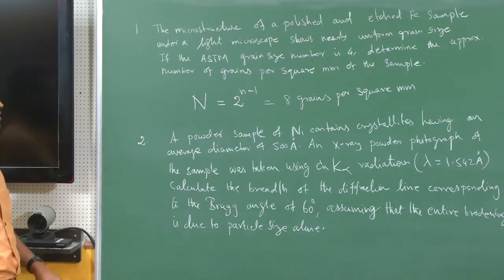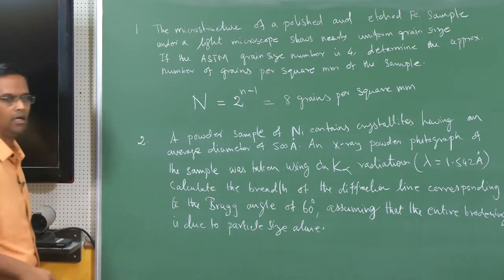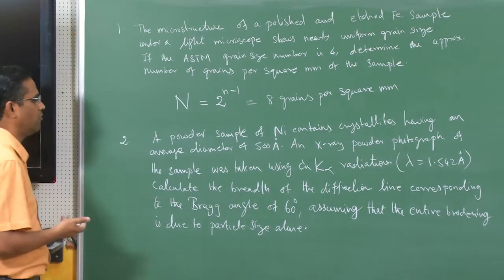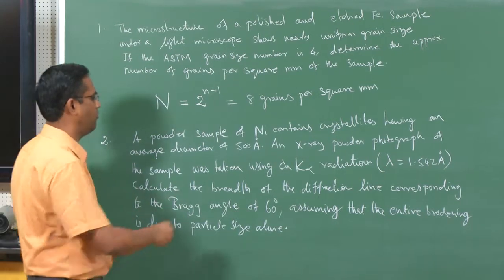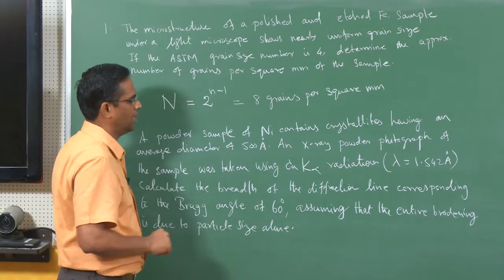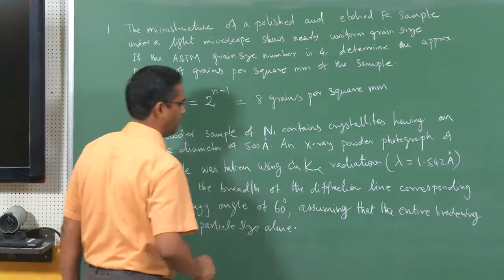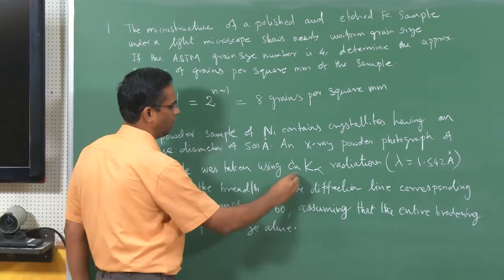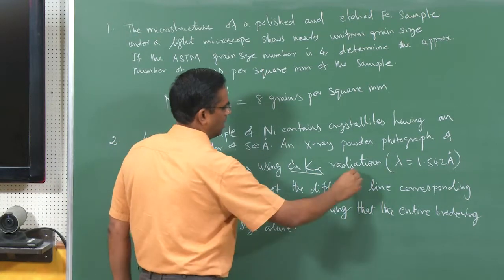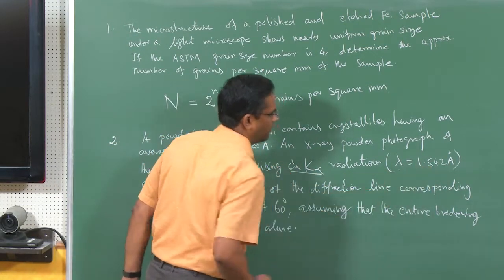So, the question is: a powder sample of nickel contains crystallites having an average diameter of 500 angstrom. An X-ray powder photograph of the sample was taken using copper K alpha with a wavelength of 1.542 angstrom.